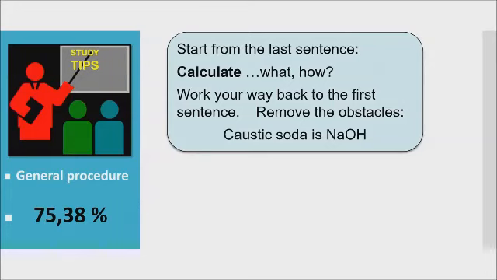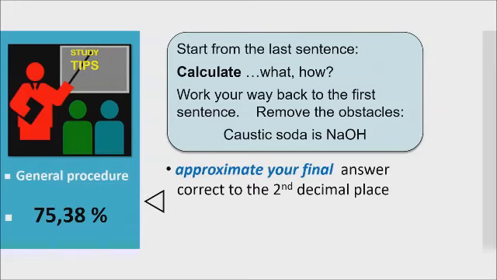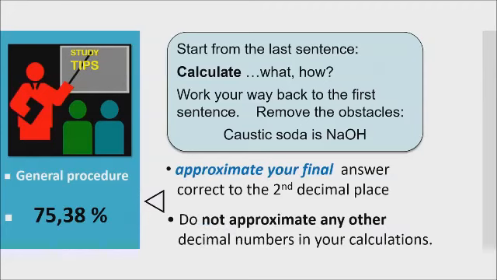I figured out a way, and then I worked my way back to the first sentence, which told me that I had 10 cubic centimeters and 8 grams, and then I used that 8 grams in my calculation. And then there was an obstacle in my way. They call it caustic soda, but I know that it's called sodium hydroxide. Lastly, don't forget to approximate your final answer to 2 correct decimal places, and never ever approximate along the way.